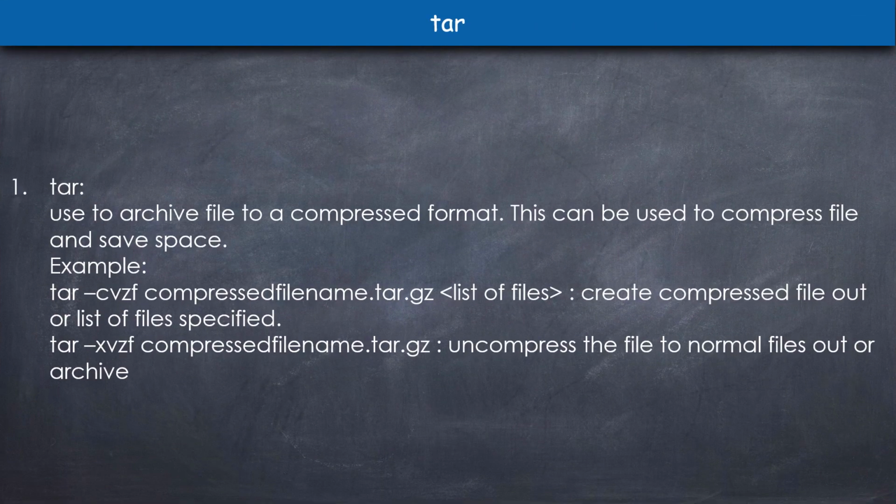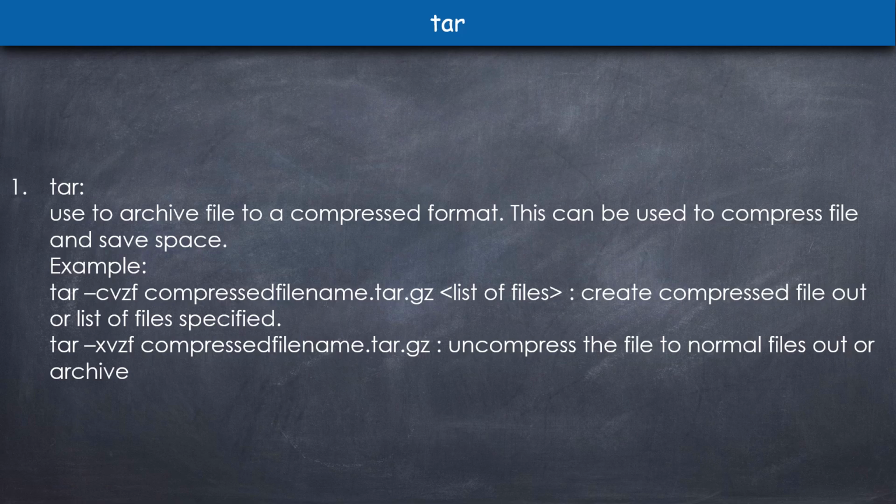The next command is the tar command. This is also a very useful command because it can be used to create an archive file. Sometimes, to save disk space, you need to compress some files.